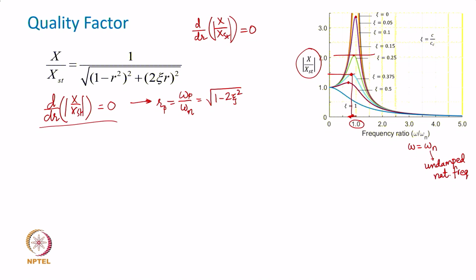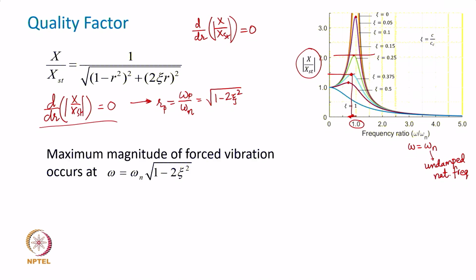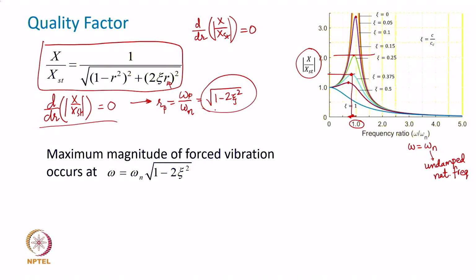Okay. So, the magnitude is going to be obtained by substituting this rp value in this expression. When you substitute in this very expression, which is valid for all values of r, if you replace r with this expression and solve it, you will get an expression for x over xst, and that would turn out to be 1 by 2 zeta.